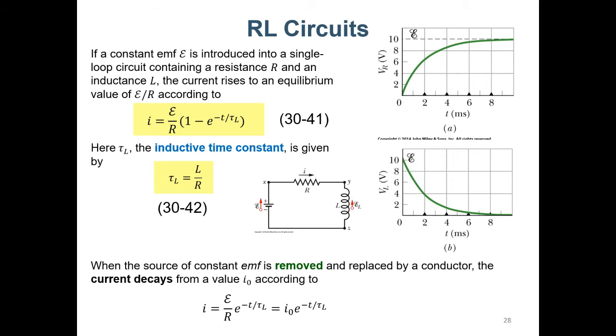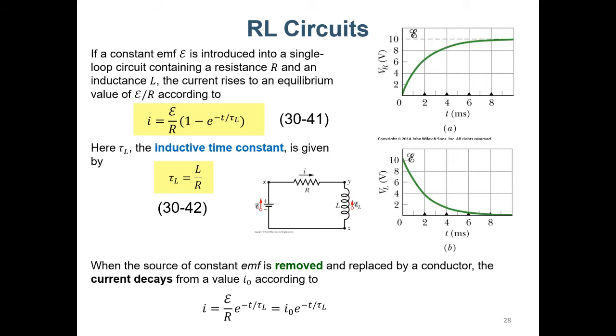So left hand side R over L times B equals E over L. So B would be E over L times L over R. So L cancels, and it becomes E over R. This is the particular solution.